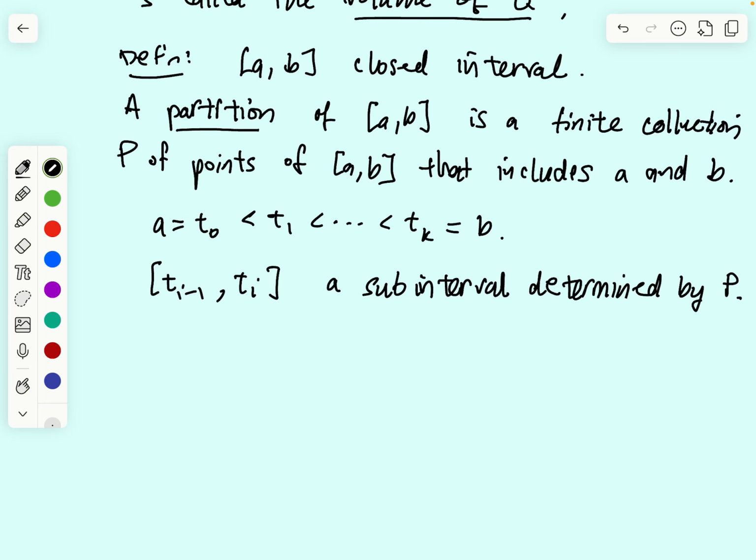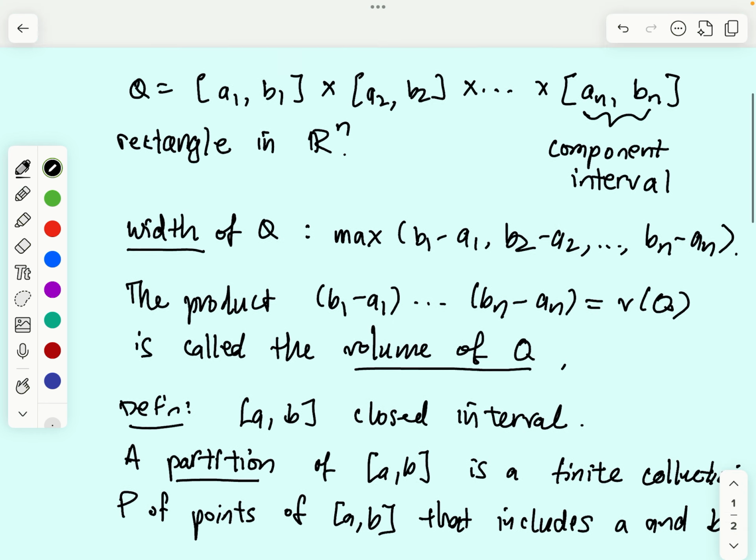Now more generally, suppose that we have a rectangle in Rn. So we have the rectangle Q as above.